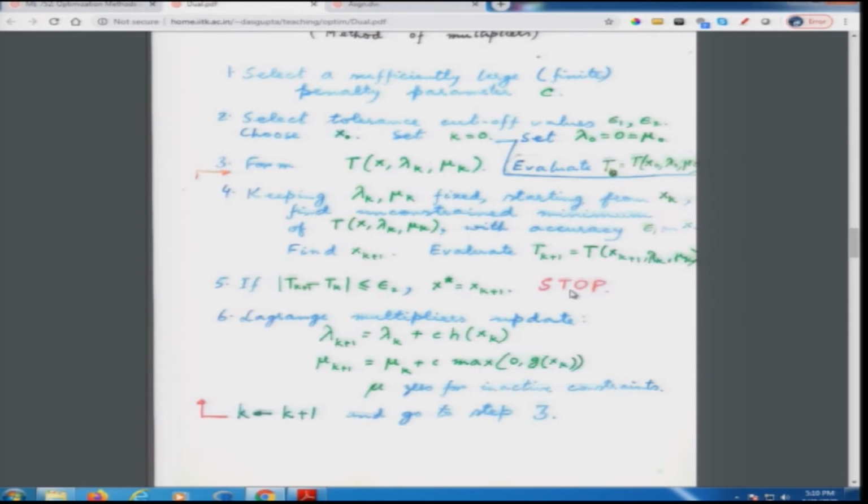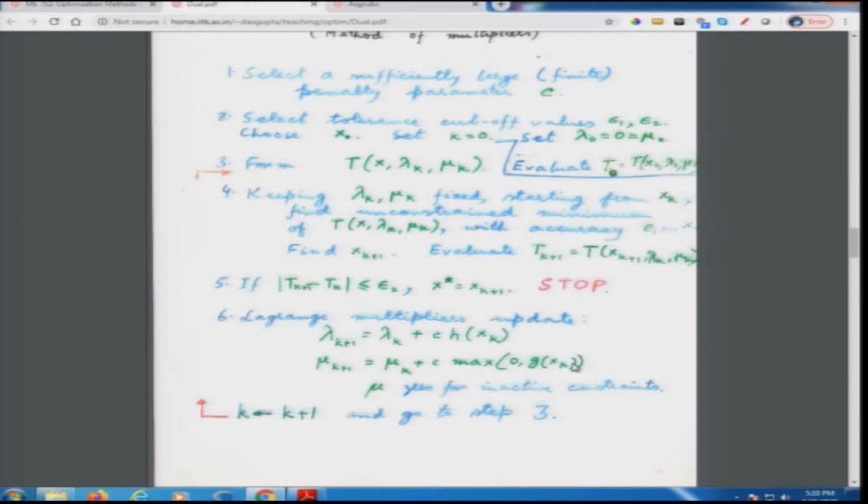Otherwise, what do you do? Otherwise, you will update the Lagrange multiplier values, and the update formula is very simple. The next set of Lagrange multiplier values is the previous set plus the penalty parameter value c into the constraint functions. Here this and here this, max of 0 and g.